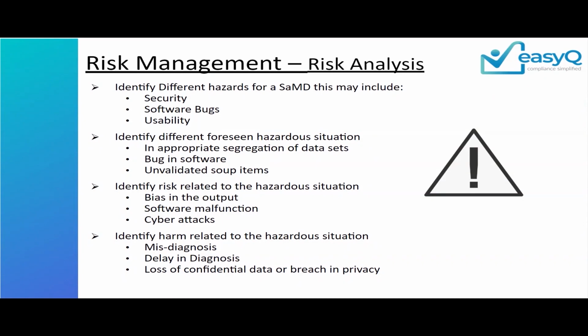Again, from a software perspective, the key harms, or rather the three or four key harms that I have seen very common in pretty much all types of software, are misdiagnosis, delay in diagnosis, loss of confidential data, or breach in privacy. These are the three or four harms that I typically see for any software product.